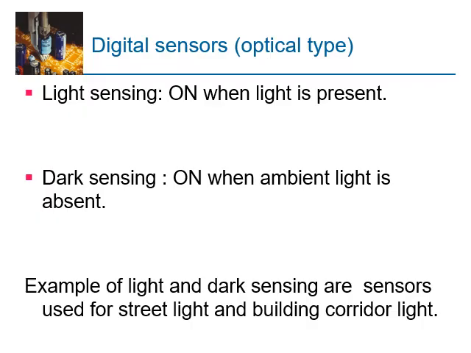Light sensing is on when the light is present. Dark sensing is on when the ambient light is absent. So these are examples of optical digital sensors. They are already used in street lights, automatic control of street lights or building corridor lights.